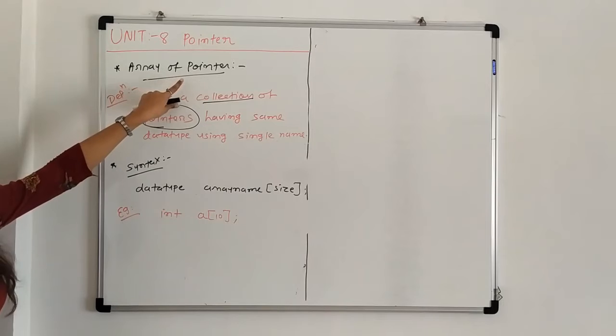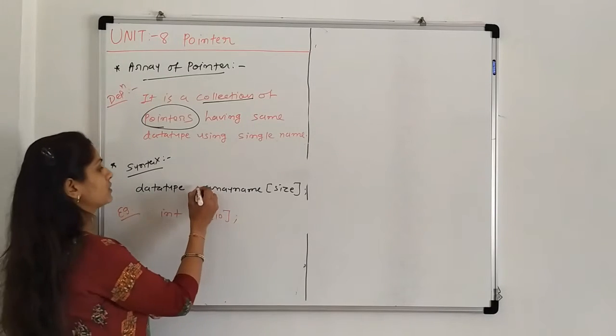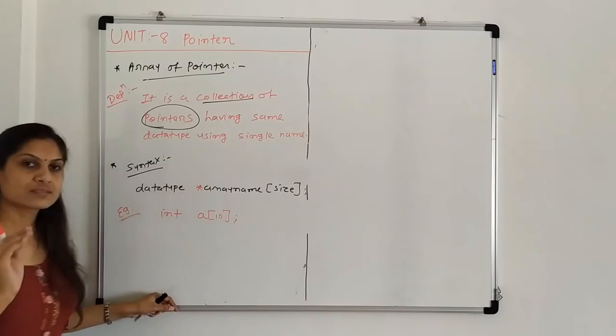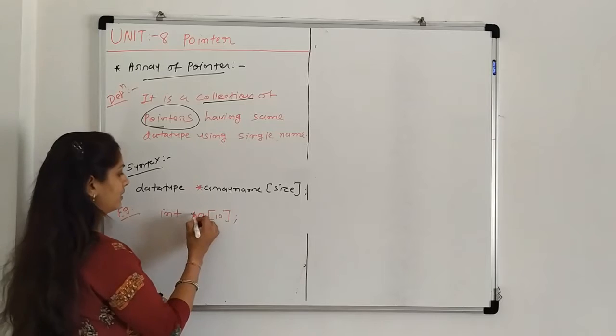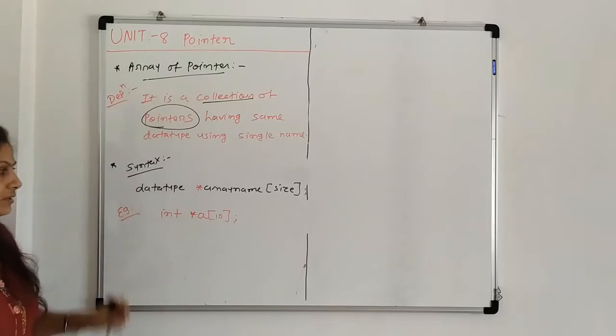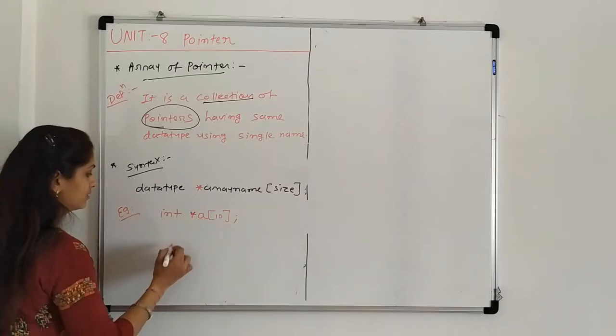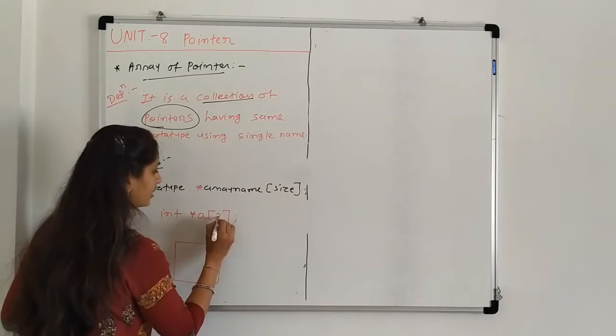Now we have to put array of pointer in our logic. For that you only have to remember the star. The star indicates that it is now a pointer. So here we put the star, and it becomes an array of pointer. Now how is it executed? Suppose here I am writing 3.